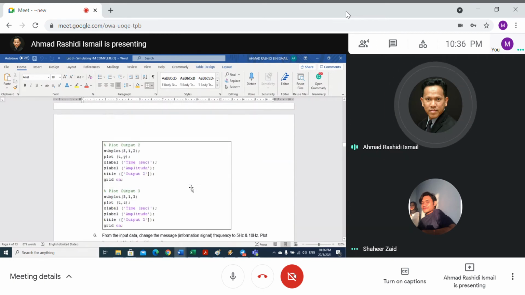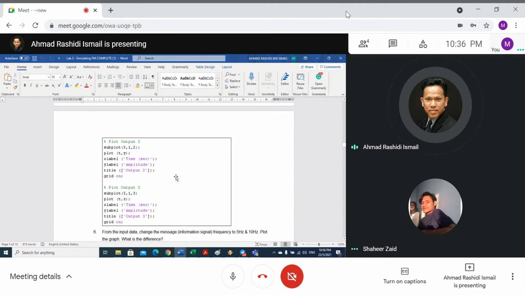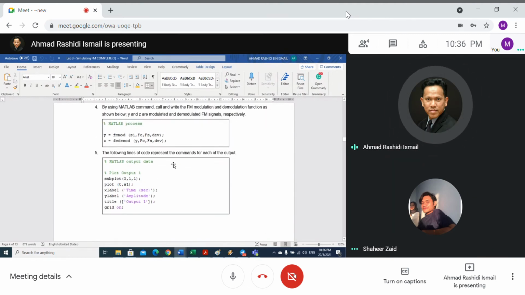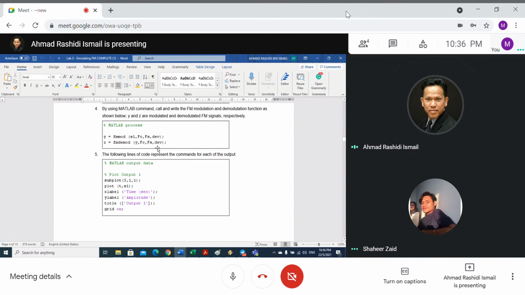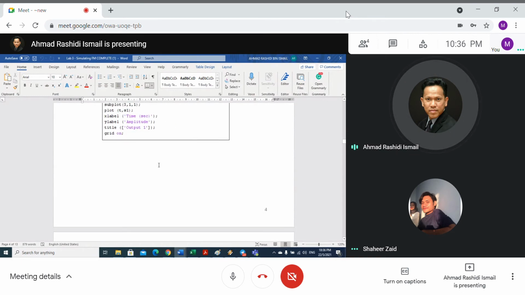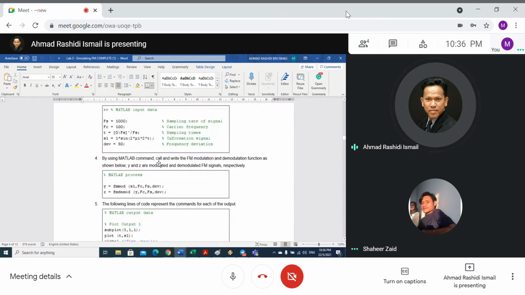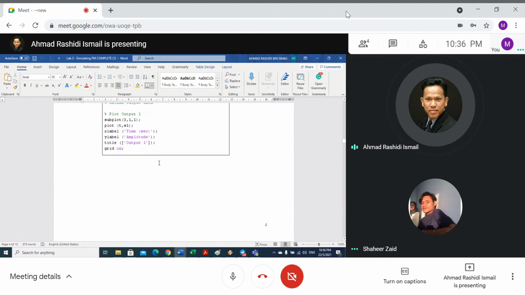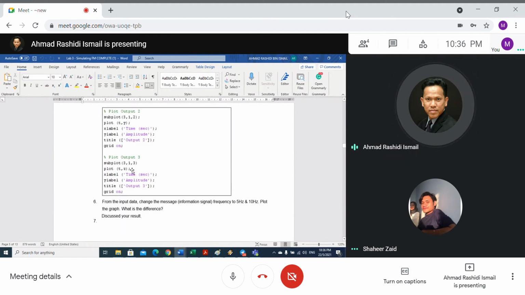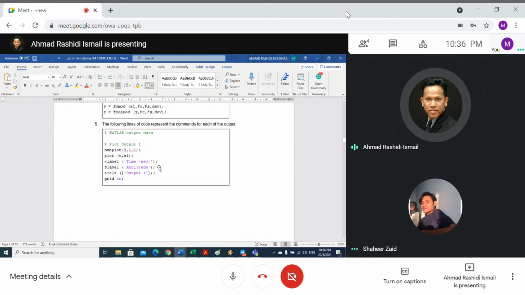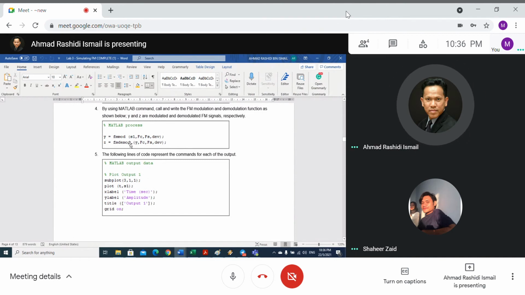Output 2, which is plot TY, where Y represents the FM modulation, represents the frequency signal of the FM modulation. And next, output 3 is plot TZ, where Z represents the FM demodulation.